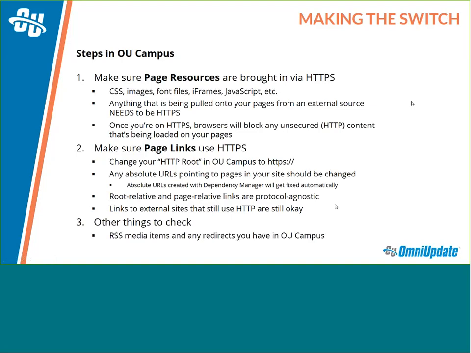Any RSS items inside of OU Campus, if you have media items associated with your RSS feed, like an image or a video, you would want to go into the RSS screen inside of OU Campus and make sure that those media items are being brought in over HTTPS. That's one of those things that the dependency manager doesn't manage, so it's another place where you want to check those absolute URLs.